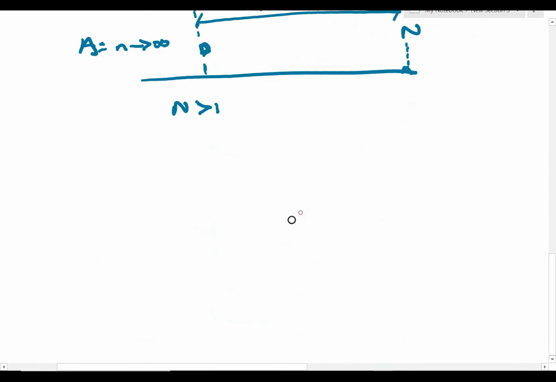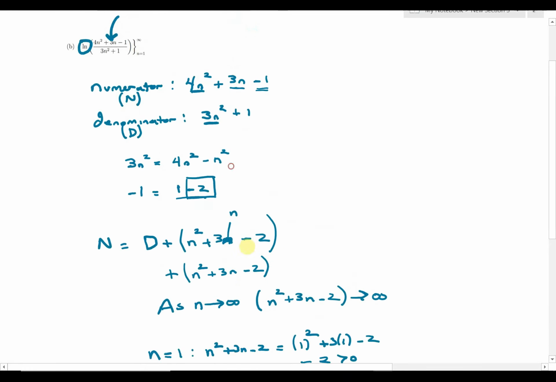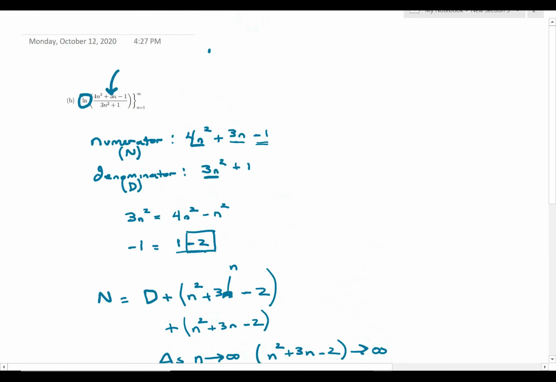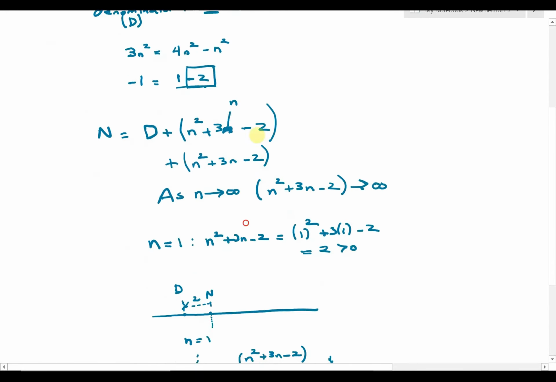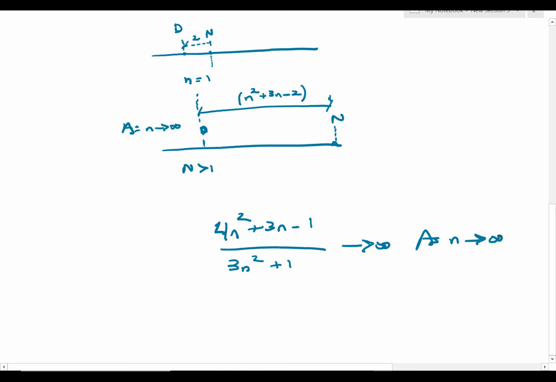Therefore, we know the numerator is going to be much larger than the denominator, and therefore we can write 4n squared plus 3n minus 1 tends to infinity, as n tends to infinity.